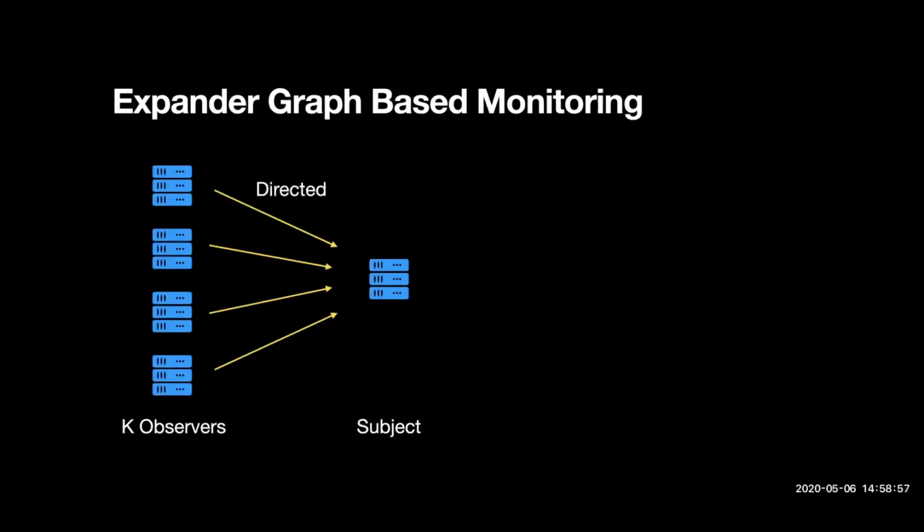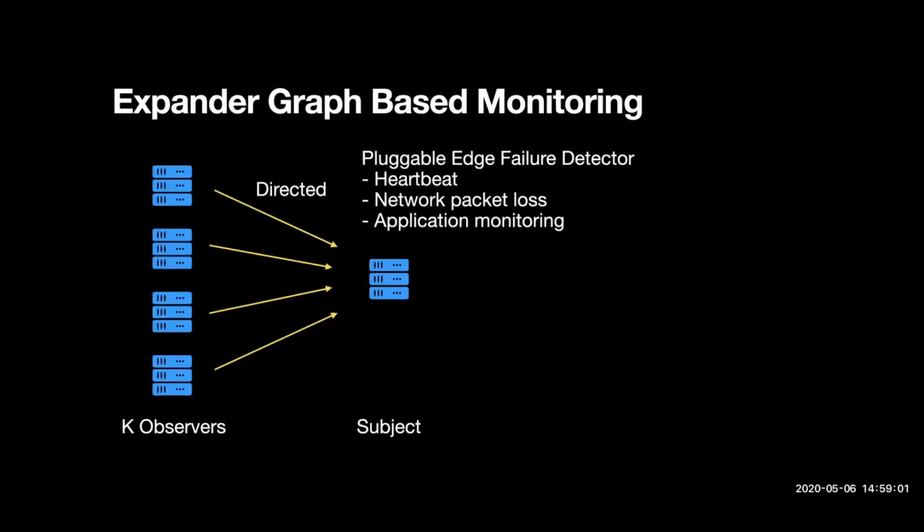Another interesting fact is that Rapid gives us the capability to add our own edge failure detectors. Those failure detectors can be as simple as heartbeat failure detectors, where they just detect crash faults, or they can detect network packet losses, which is one of the gray failures, or they can even go as far as monitoring application state.